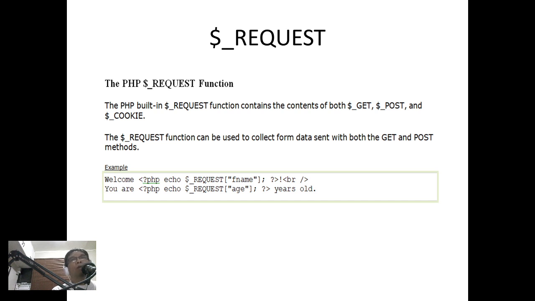We can use method equals get or method equals post, but $_REQUEST can be used for both methods. We can use request whether we use the get method or the post method. Sometimes this is more flexible than using get or post. In this case, we have the $_REQUEST array with fname and age, so we can use this file whether we use get or post.